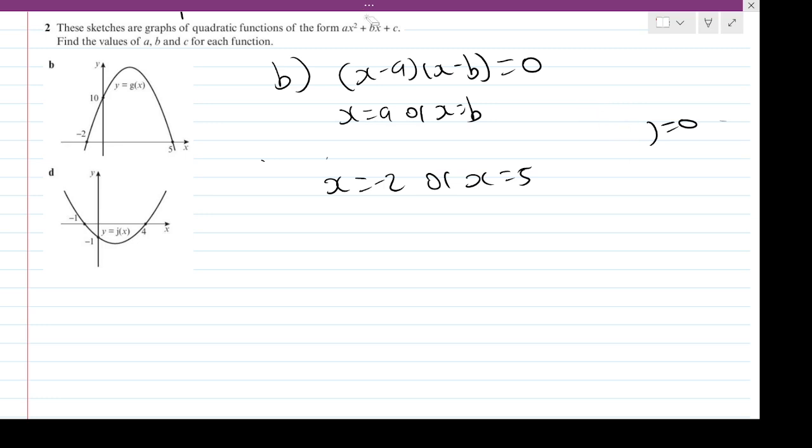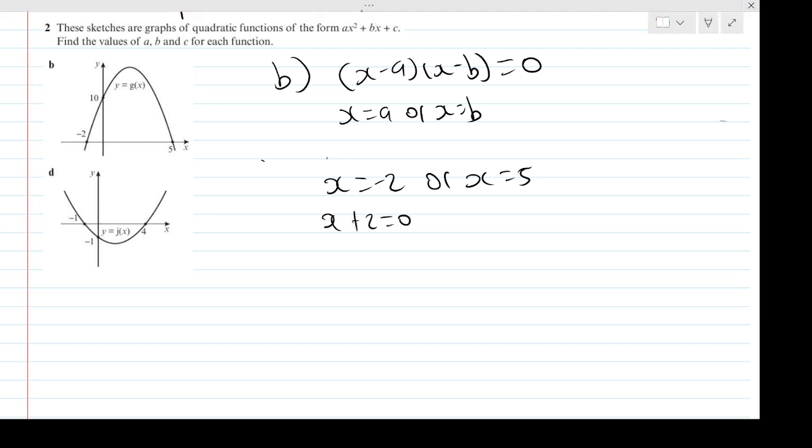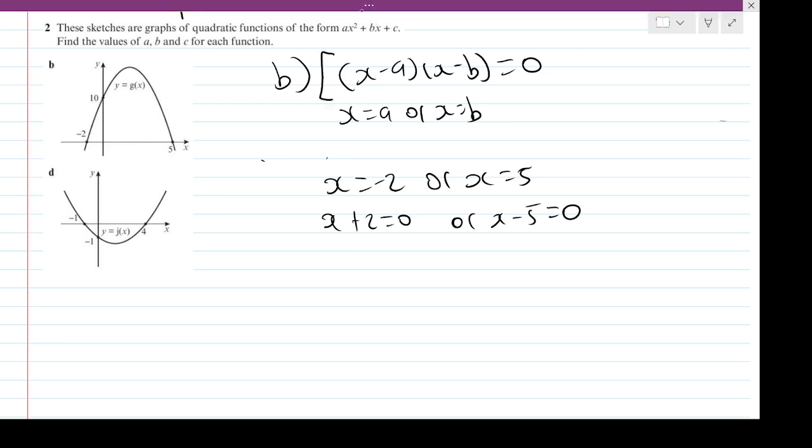Okay, as a reminder. Well, we can work backwards. So if x is equal to -2, then x plus 2 equals 0, or x minus 5 equals 0. That gives us our two factors, right? So we can work backwards and then say it's x plus 2, x minus 5 equals 0.